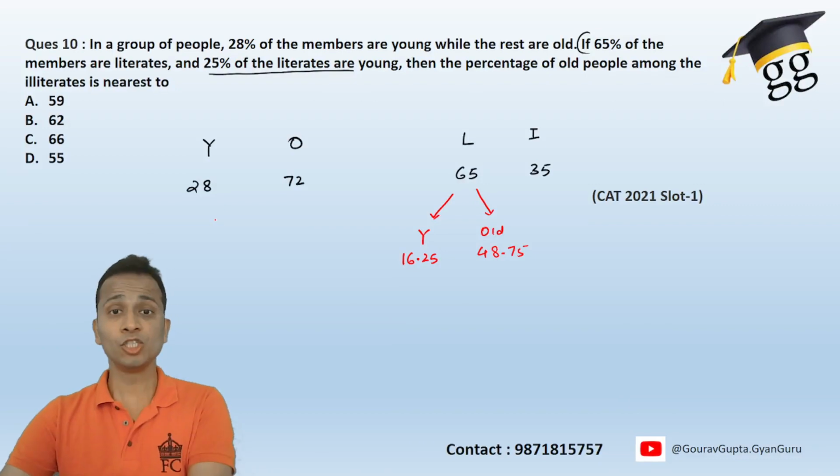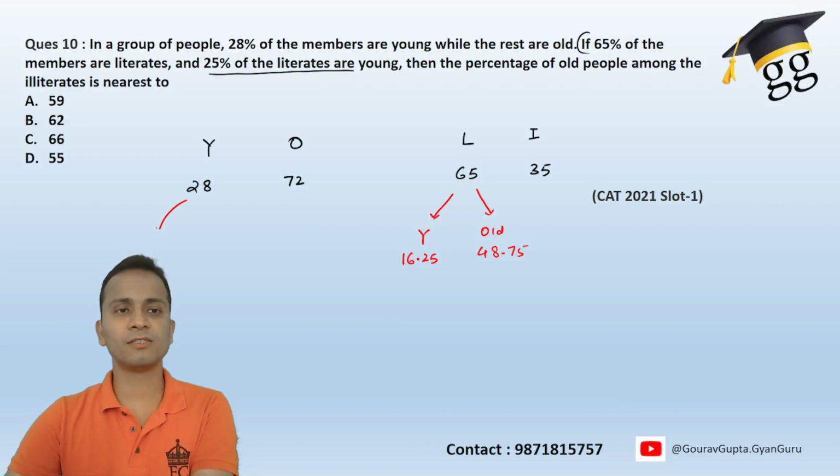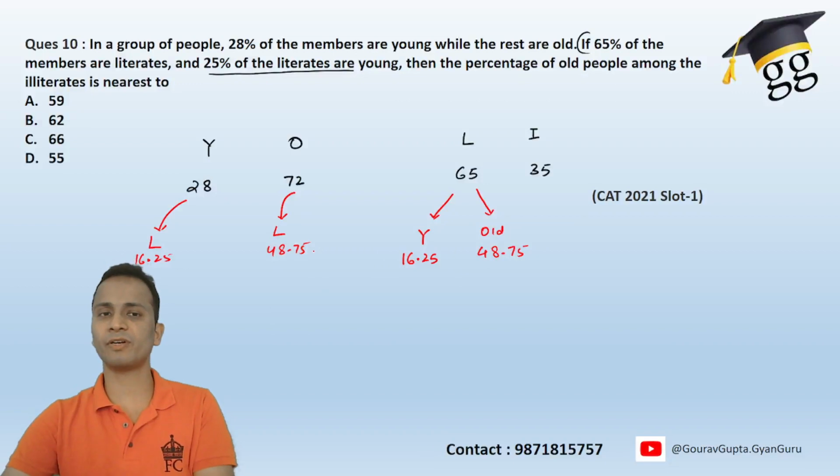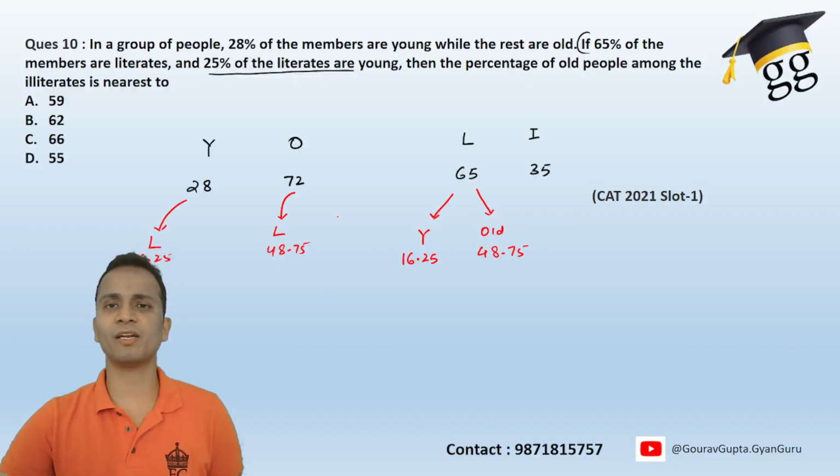Okay, so out of young, the number of literates will be 16.25, and out of old, the number of literates will be 48.75. Right? अब क्वेश्चन में फाइंड आउट क्या करना है?